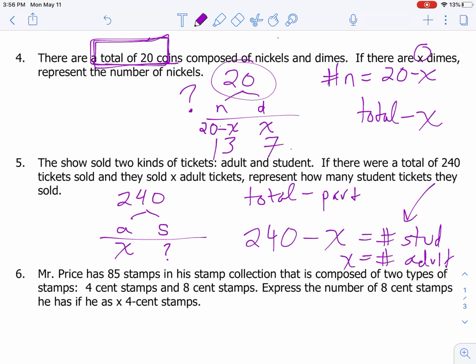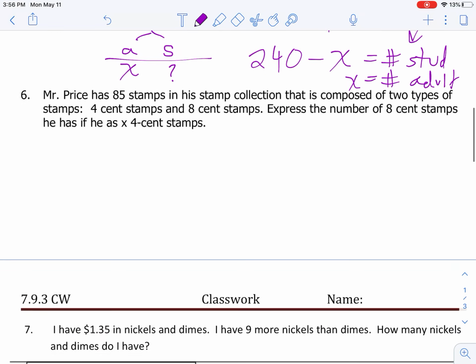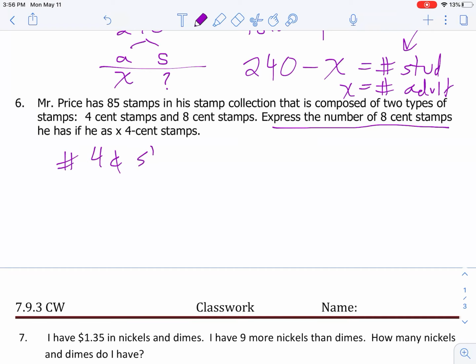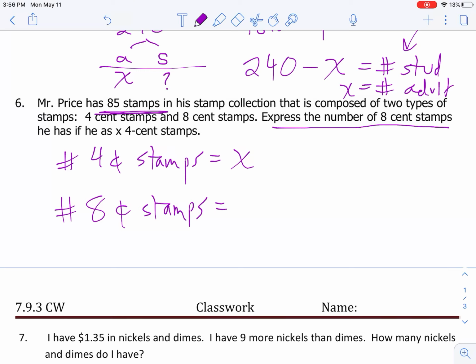All right, let's talk about Mr. Price. He's got 85 stamps in his stamp collection that is composed of 2 types of stamps, 4-cent stamps and 8-cent stamps. All right, so how do I express the number of 8-cent stamps if he has X 4-cent stamps? So the number of 4-cent stamps is X. Well, total labeling technique, I was told he has a total of 85.